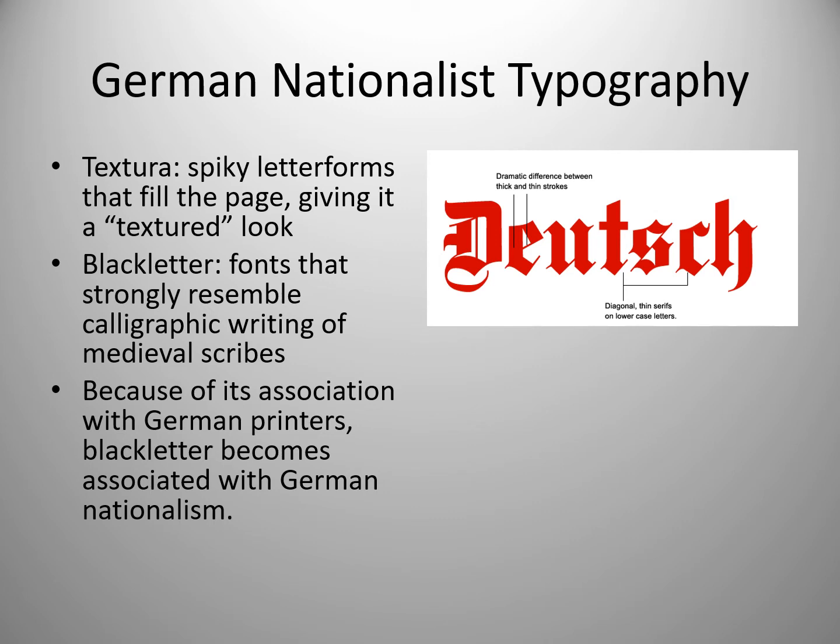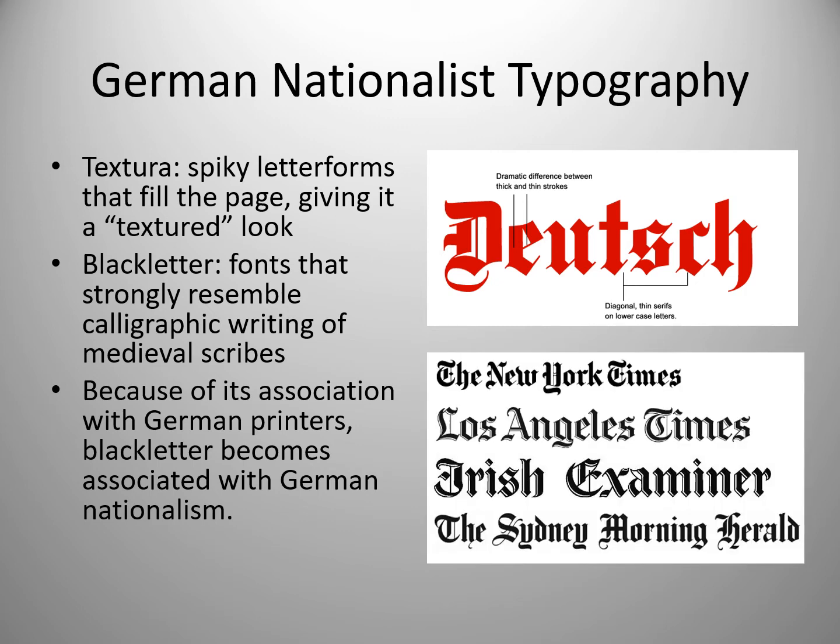And then there are these diagonal, very thin serifs on the lowercase letters. So it's associated with Germany, but honestly, today newspapers around the world use black letter for their mastheads. So the association with German culture isn't really accurate anymore, but in the 19th century, it comes to have that association.